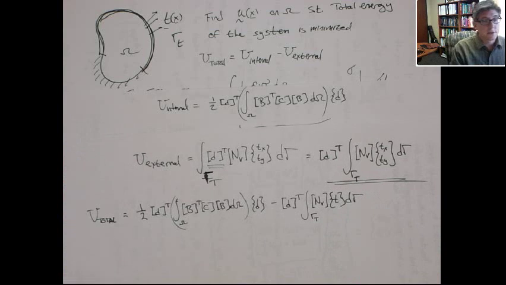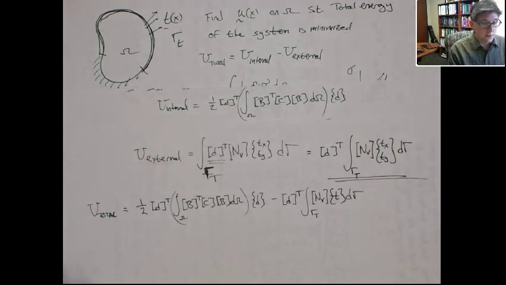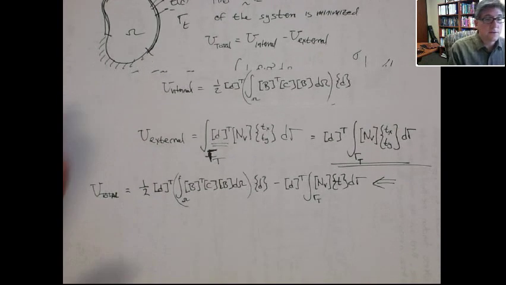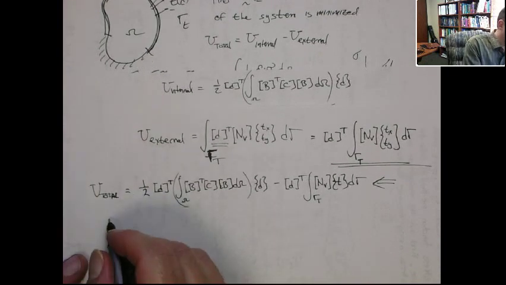All right? So now that is the total energy of the system. Now the question is, find the displacement field such that this is minimized.